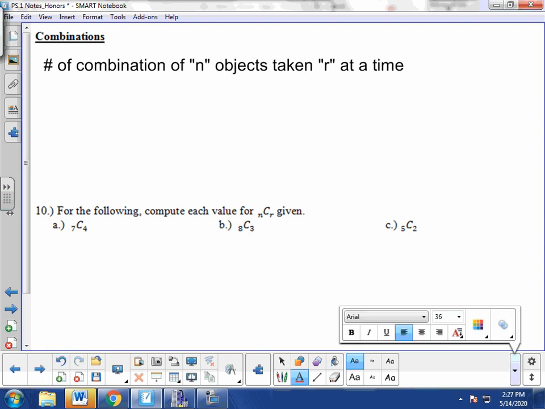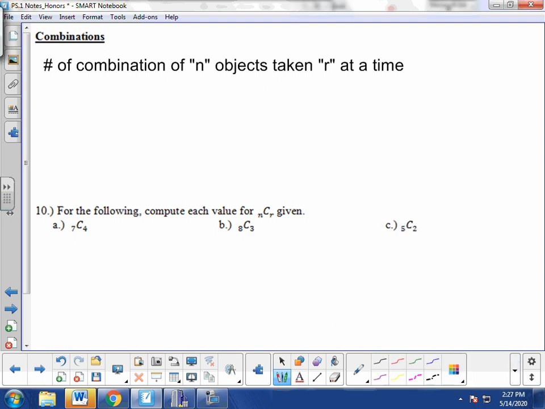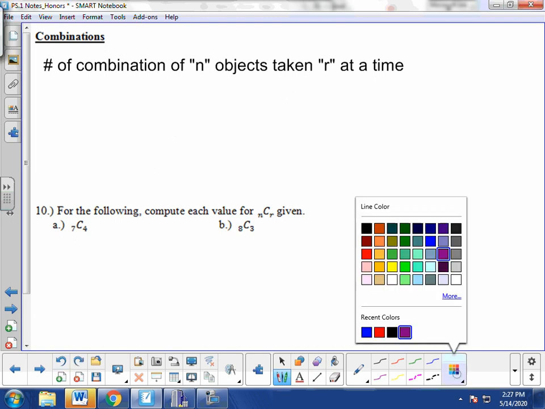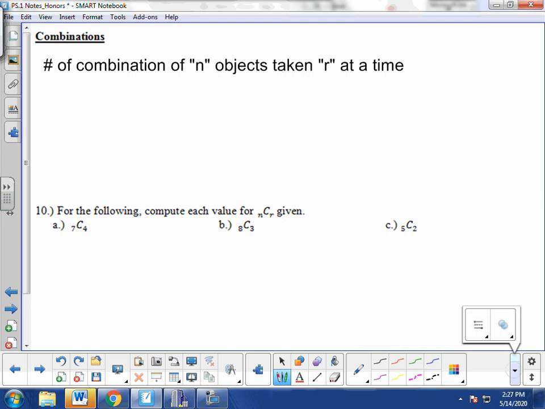Now, the way we represent this is a subscript n, a C, and then a subscript r. You often will hear this referred to as n choose r. So there's n number of objects in a group, and we are choosing r number of objects. For the example with the deck, if I had 52 cards and I was going to draw 3 of them, n is 52, r is 3.